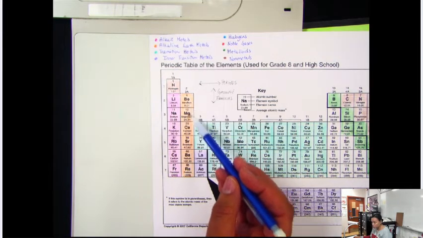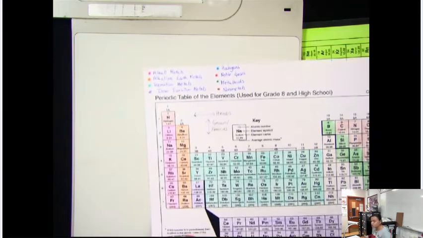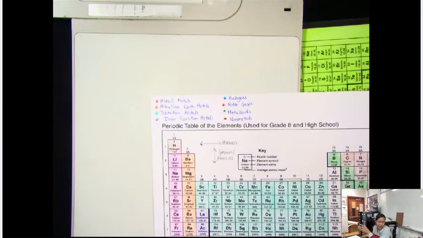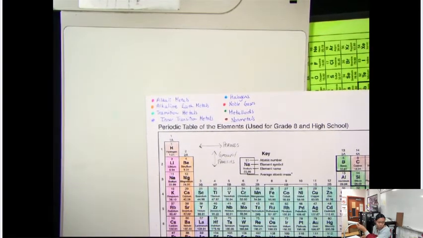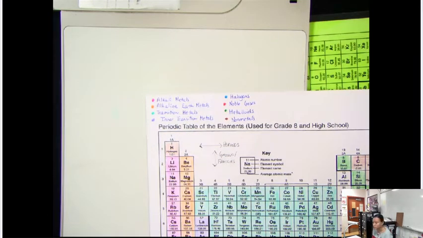So just group 2. These are called alkaline earth metals.